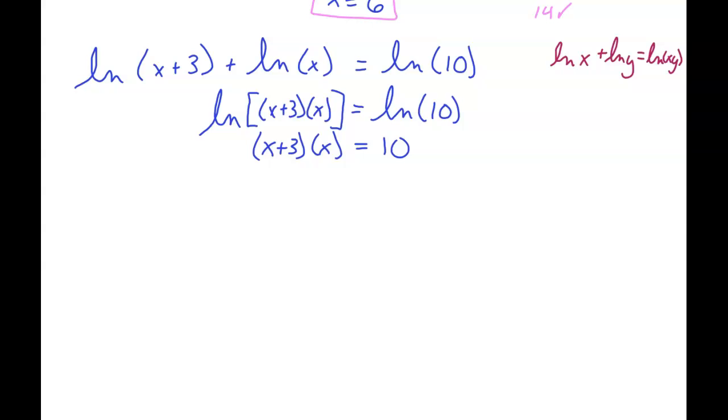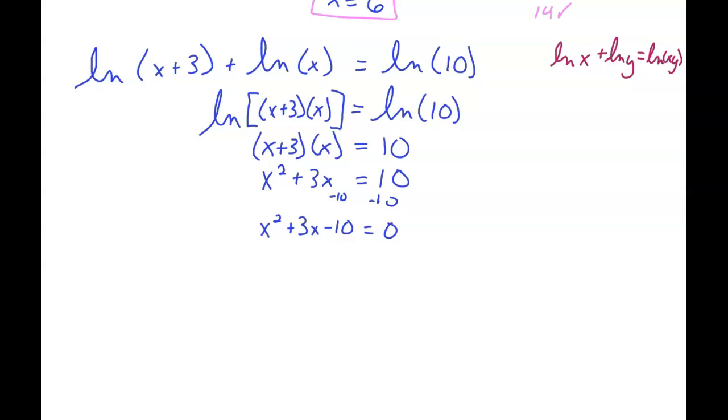Now again, I'm going to distribute that x, so I'll get x squared plus 3x is equal to 10. Since I have an x squared, that means I need to move everything to one side and factor. So I will subtract my 10 from both sides. I will get x squared plus 3x minus 10 equal to 0.